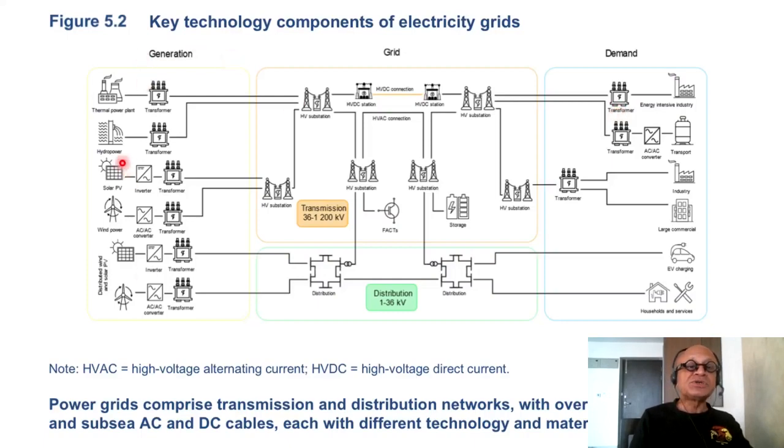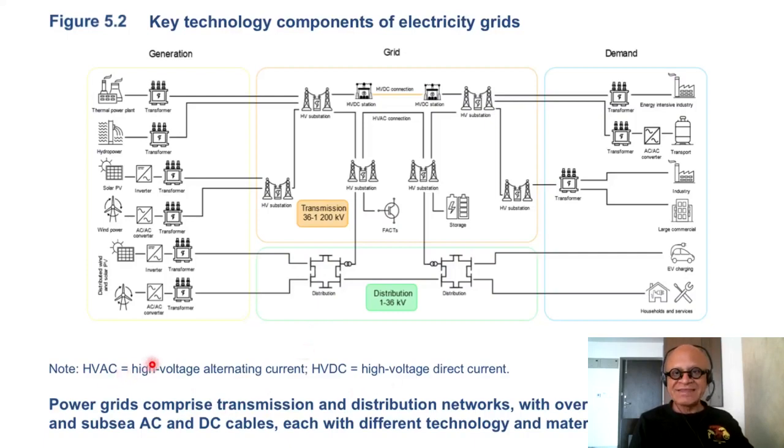Looking at some key technology components of electricity grids here. So you have the generation, so thermal, hydropower, solar PV, wind, and distributed wind and solar, going through transformers, inverters, and so on, and transmission, which is going to be a big thing. So high voltage substation, and then eventually feeding the grid from generation and trying to meet the demand. We have talked about grid designs elsewhere, but high voltage AC and high voltage DC transmissions are both going to play into this.